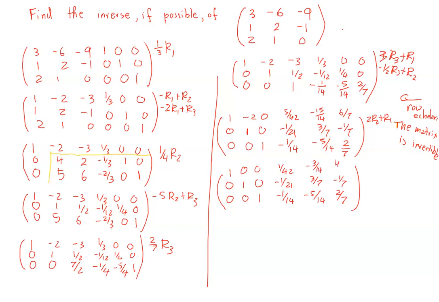That will give you 4/7. So if everything is correct, and I'm putting a big if there, we have found that the inverse matrix is 1/42, minus 3/14, 4/7, negative 1/21, 3/7, negative 1/7, negative 1/14, minus 5/14, and 2/7. That's the inverse of the original matrix.